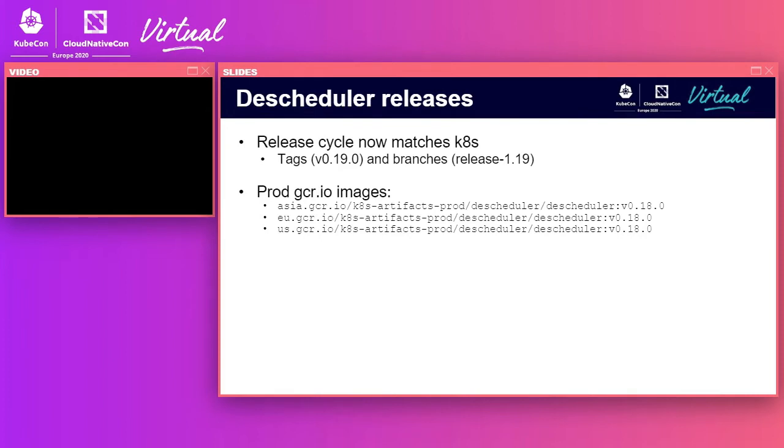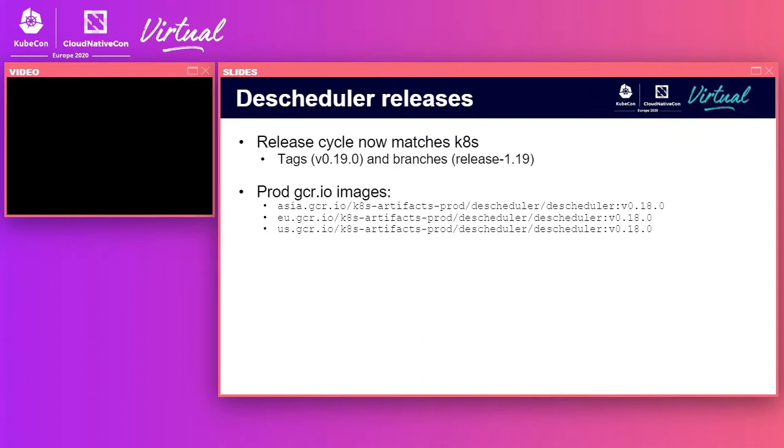The first thing that we did was decide on aligning the descheduler's releases with upstream's releases. That means we're going to be tagging release branches along with the upstream release schedule. So you'll know what version of Kubernetes the descheduler is compatible with, and it also helps us track the past 3 versions of Kubernetes that we want to support.